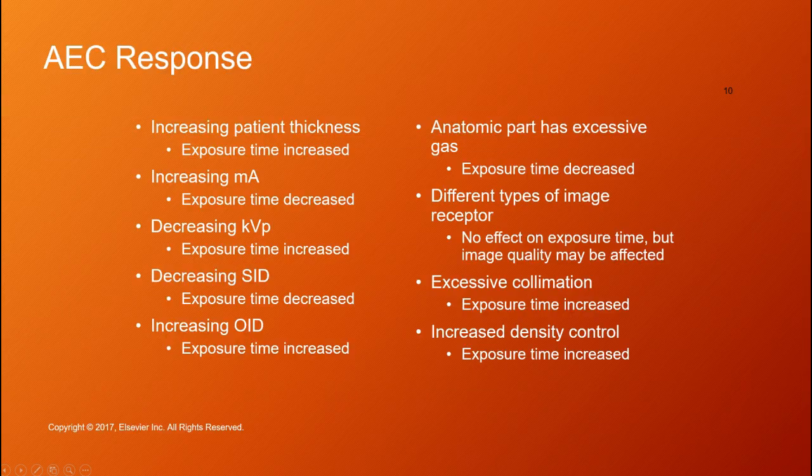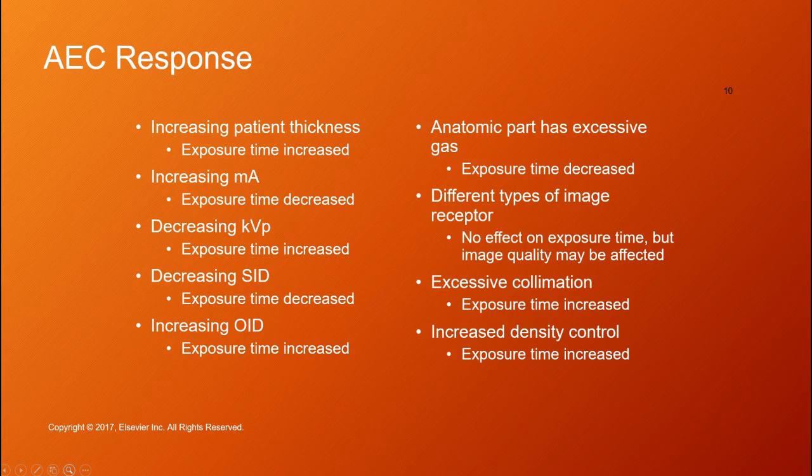Okay, so these next two slides just show you what your AEC response will be if you manipulate some of the features on your control panel. Okay. So increasing patient thickness. Say you do have a larger patient and you put a +3 in your density control.